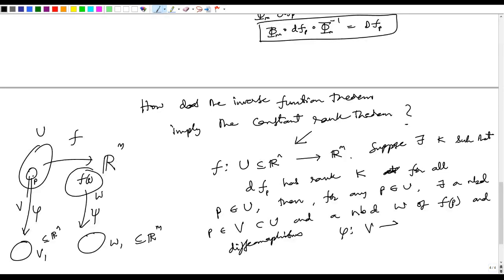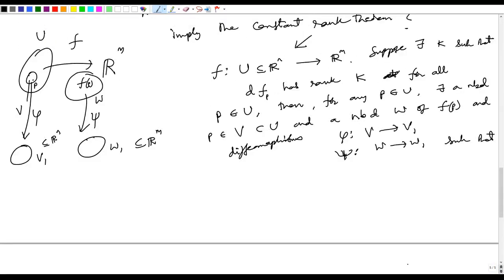Phi from V to V1, psi from W to W1, such that, the point is that one should think of these diffeomorphisms as changing coordinates. After I change coordinates in the domain and image, the map looks like a projection.